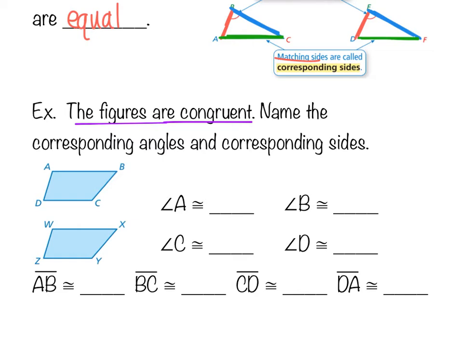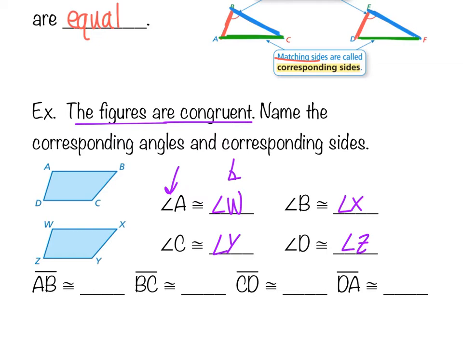Angle A is going to be the same as angle W. That's the angle symbol right here. Sometimes people draw the angle symbol with a little angle measure in between, so that's possible as well. Angle B matches up with angle X. Angle C matches up with angle Y. And angle D matches up with angle Z. Those are all the corresponding angles.